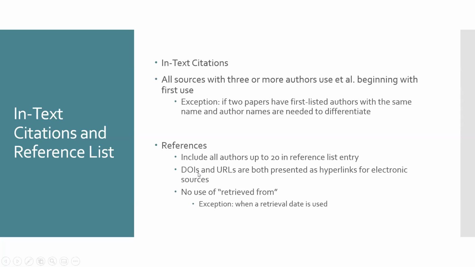Finally, for the references section, your DOI numbers or your URLs should always be presented as a hyperlink for electronic sources. So if you got it from a website and you have the URL for that website, just make sure it's a hyperlink so that your committee members or anyone reading the paper is able to just click on it and read whatever article you're talking about.